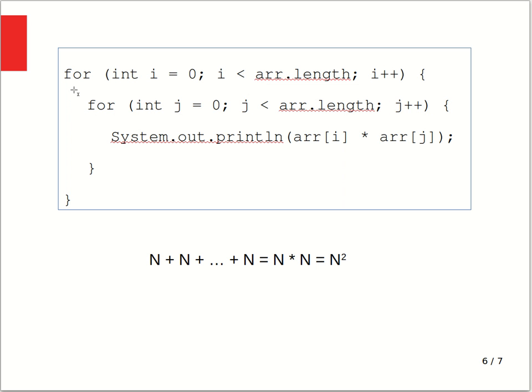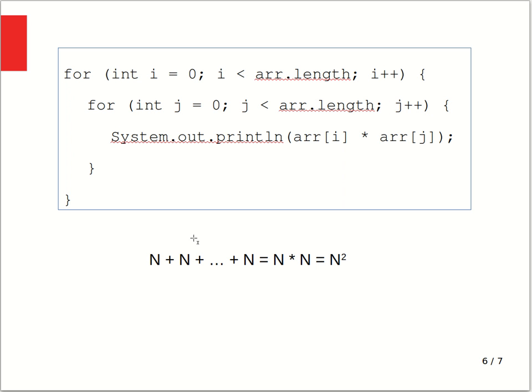If you look at just the outer loop, for each cycle of the outer loop, the amount of work now depends upon the length of the array. Suppose the length of the array is capital N. Then for the first iteration of the outer loop, you're performing N units of work, and for the second iteration of the outer loop, you're performing N units of work.